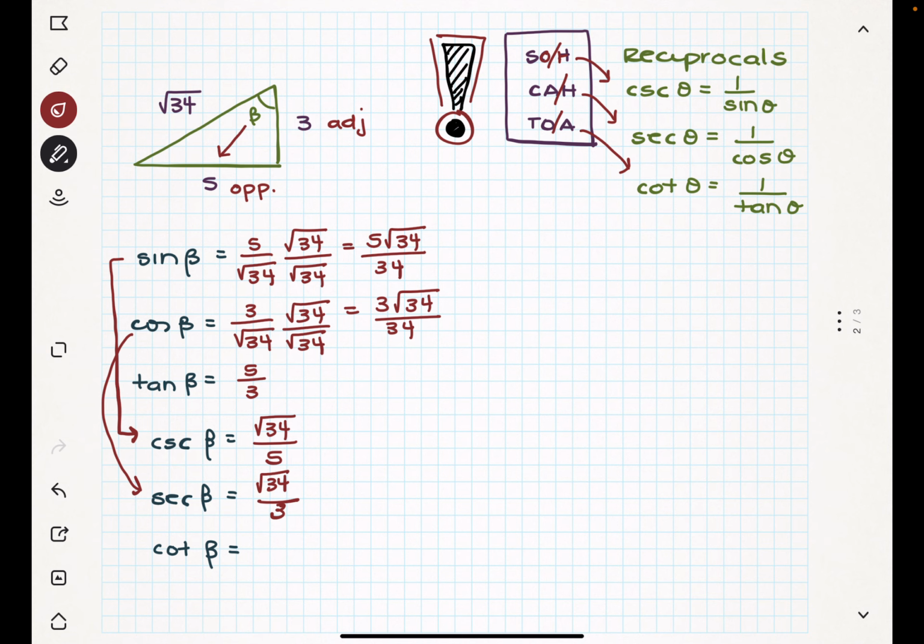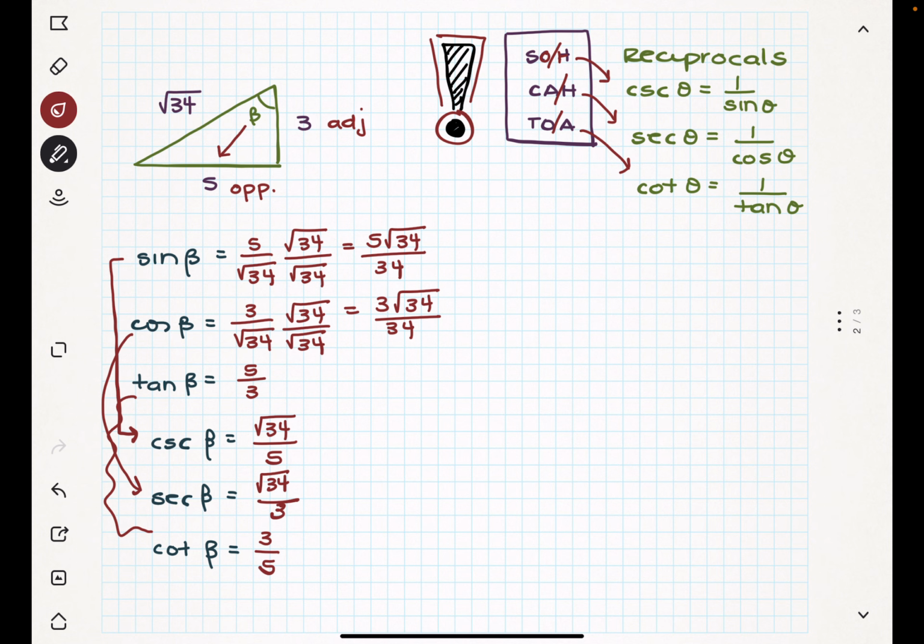And the cotangent is going to be 3 over 5. So that's how we can get the trig ratios having two sides. So if you see, we first find the other side, so the hypotenuse or any of the sides that we're missing. Then we label our triangle depending on the angle that we have, and we label them opposite and adjacent. And then we just set up the trig ratios.